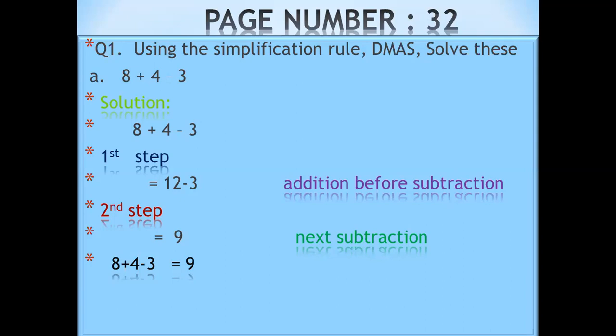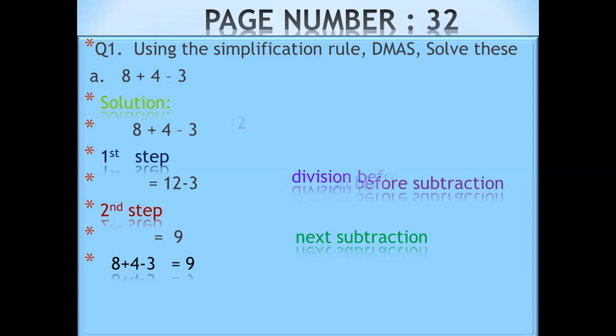First we add the numbers. After finding the sum, we subtract the number and we get our answer. 8 plus 4 is 12 and minus 3. Now we can subtract these two numbers. 12 minus 3 is 9.